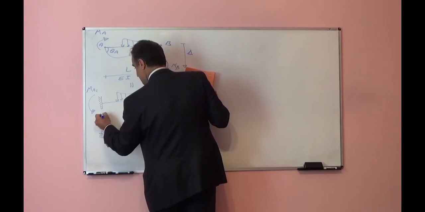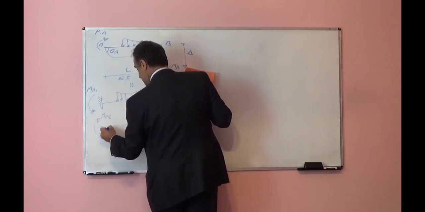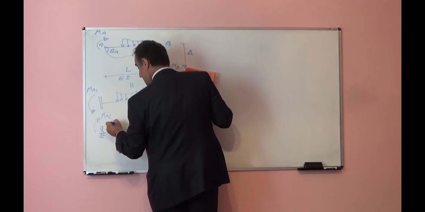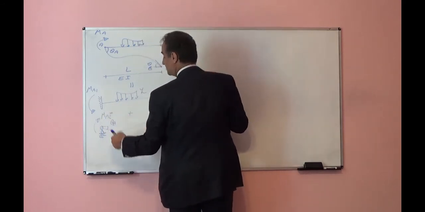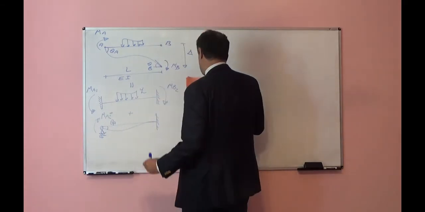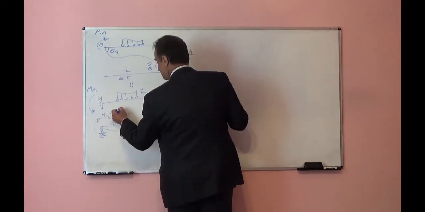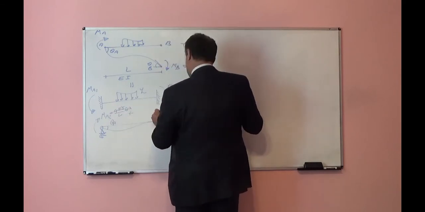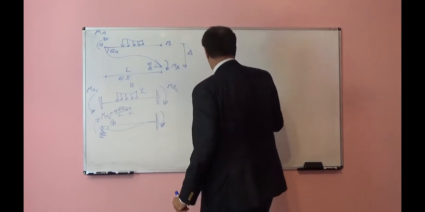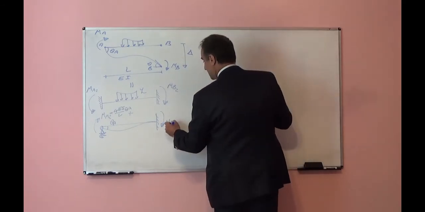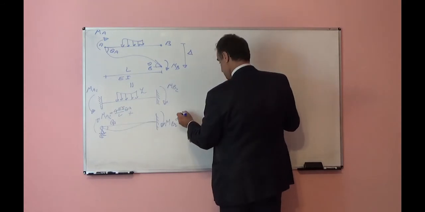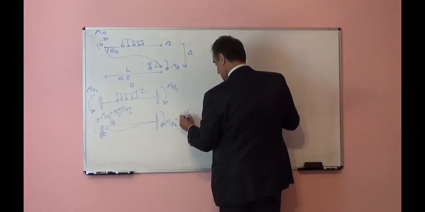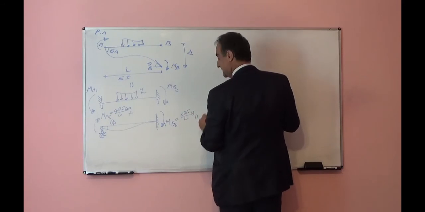So I will have here MA2, and I will have here theta A, and I find the relationship between MA2 and theta A. If you remember, it was 4EI over L theta A. In that case, reaction on the other side will be half of that. It will be MB2, which is half of MA2, and that will be 2EI over L theta A.